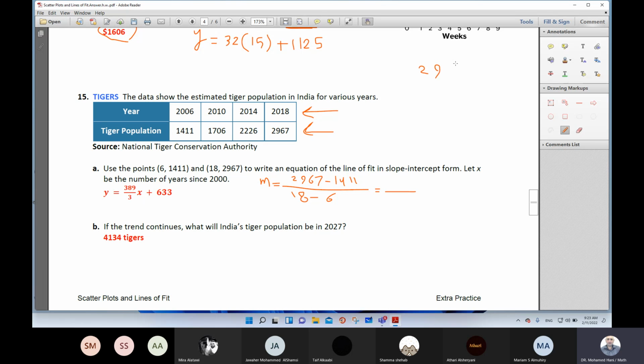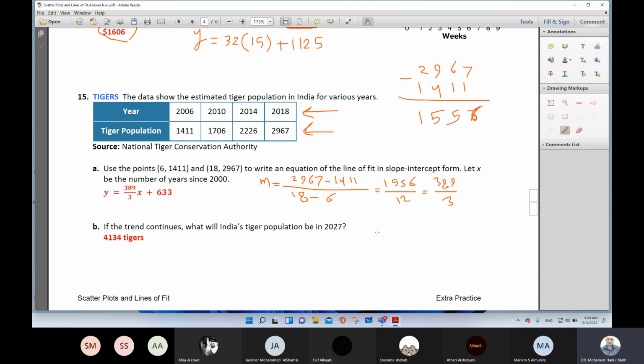So 2967 minus 1411 will be 1556, and down here 18 minus 6 will be 12. We can do simplest form here, divide by 4 up, by 4 down, we will get 389 over 3. This is the slope.